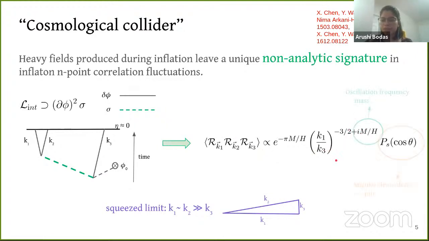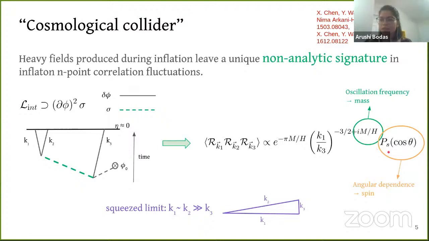Some of the interesting features are that there is this non-analytic dependence on the mass. If I plot this function as a ratio of k1 over k3, I will literally see oscillations where the frequency depends on the mass of this field.